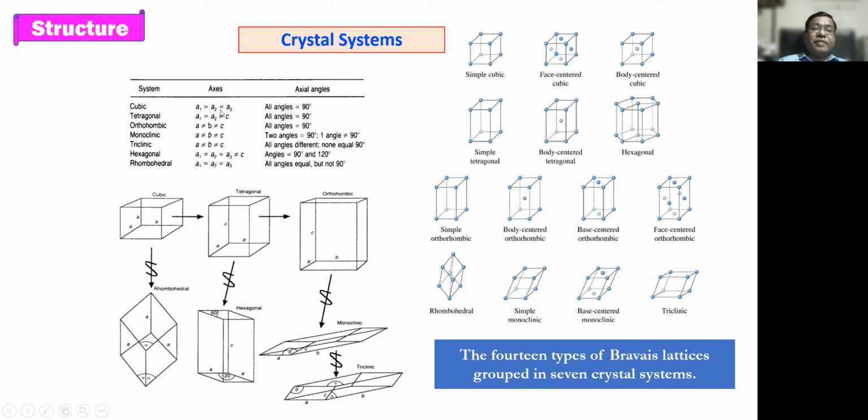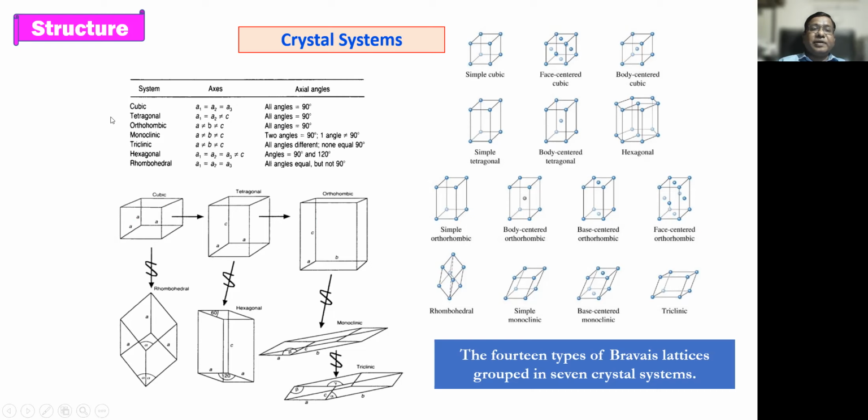When these are equal, and when the angles between x-y, y-z, and z-x, that is alpha, beta, gamma, are equal and equal to 90 degrees, we get a cubic structure.